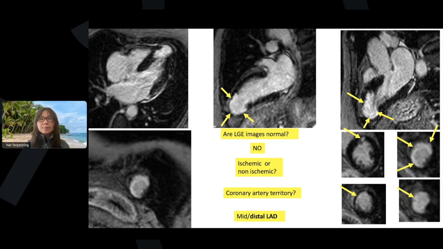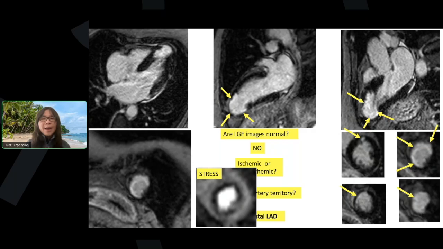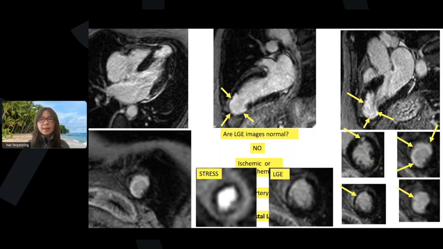But it's not that simple, because you have stress that has a perfusion defect, and you have LGE that has a scar here. So this is not just a scar and then let go. This case is really unique.